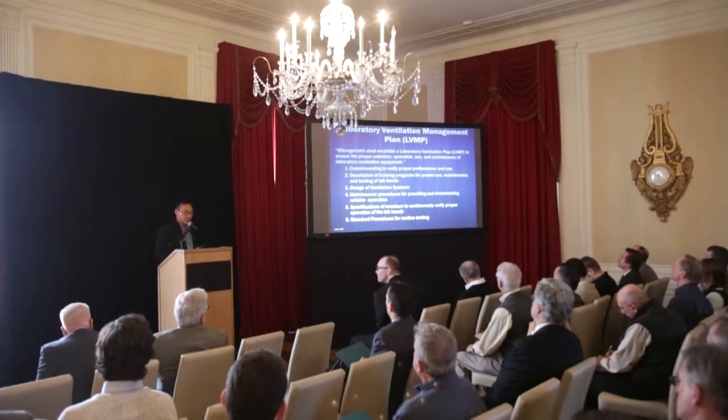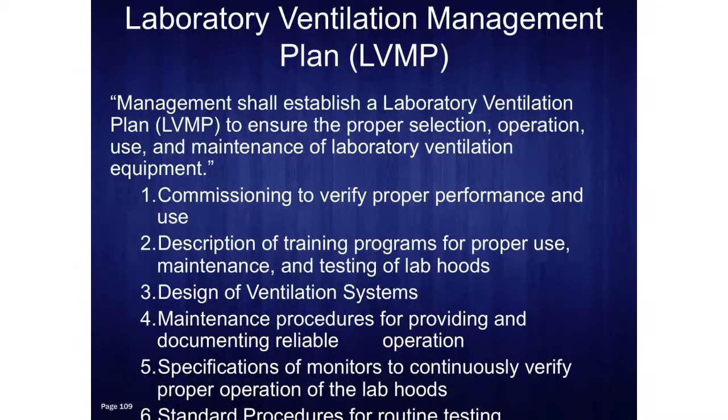One is the laboratory ventilation management plan. This is a part of the document that provides a lot of requirements and specifications for the issues that you see listed here, and it also addresses a lot of changes to your HVAC system that will affect lab occupants. Implementing it at UCI is a team effort consisting of EH&S, facilities, design and construction, and the lab occupants.